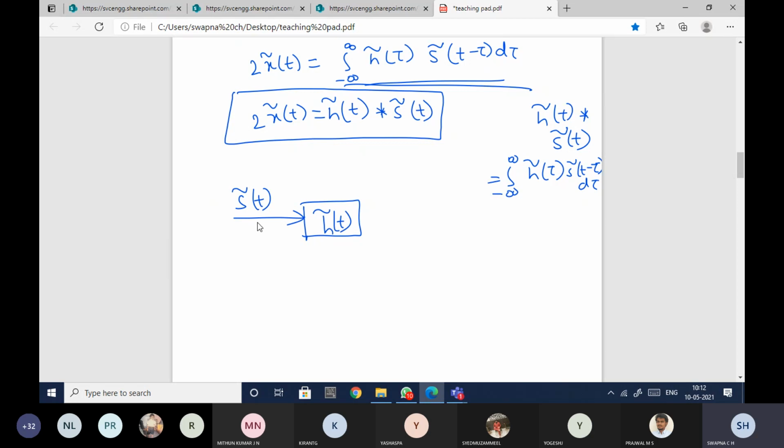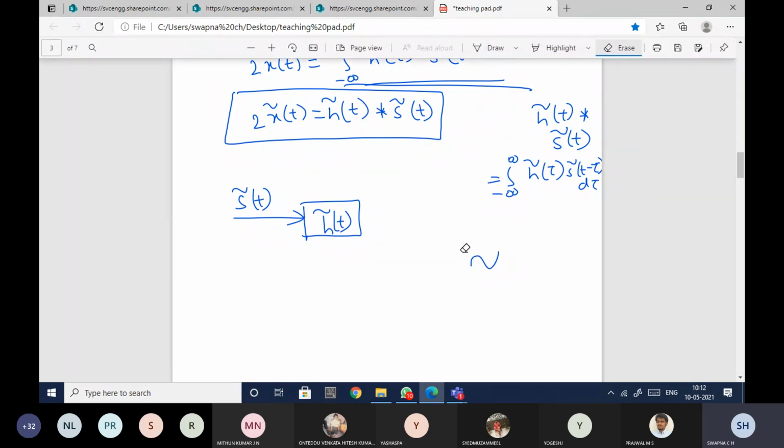Low pass representation, everything with a tilde. If tilde is there, it means it is low pass representation or complex representation; both are the same. So here I get 2x tilde of t equal to s tilde of t convolved with h tilde of t. This is the overall representation.